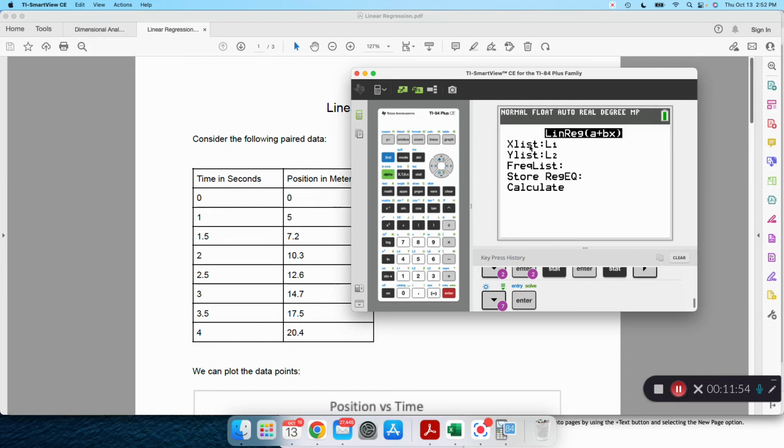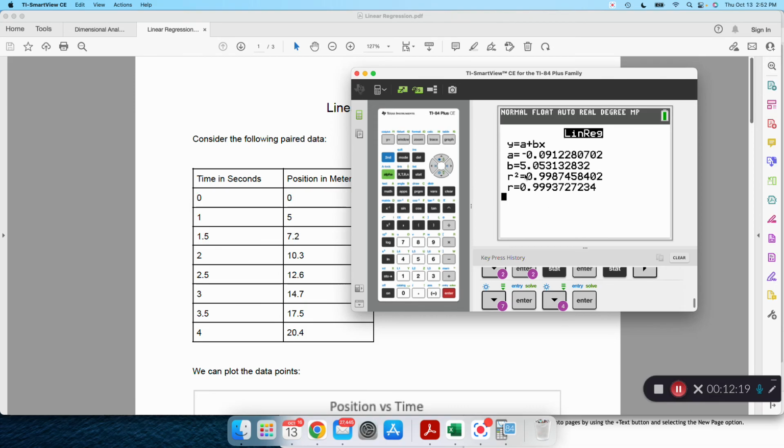My x's, my independent variables, my explanatory variable was L1, and my response variable, my dependent variable, was L2. So that was time and position. I hit calculate, leave those others blank, and it will spit out this model.